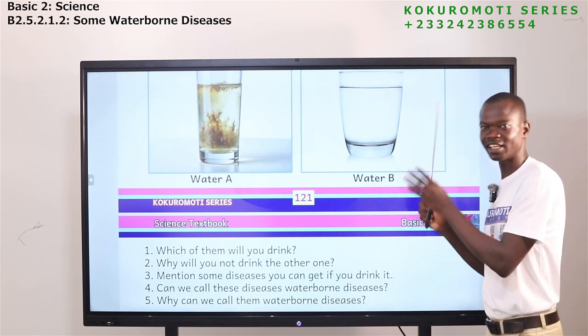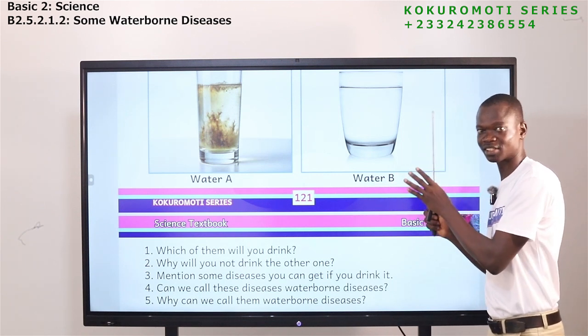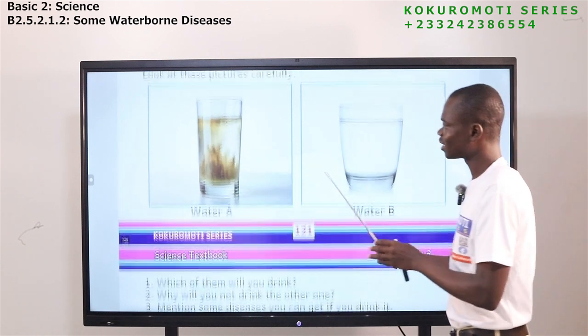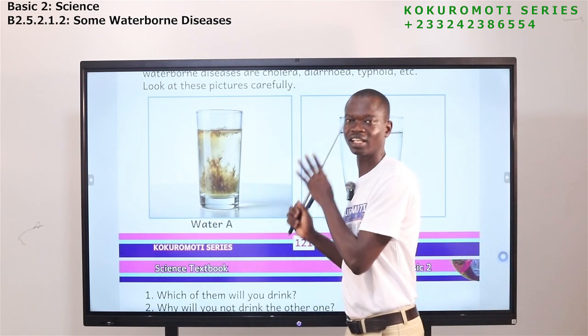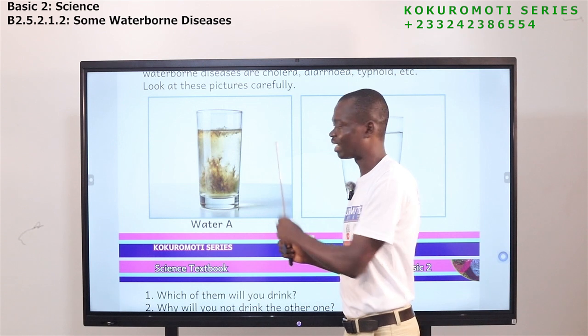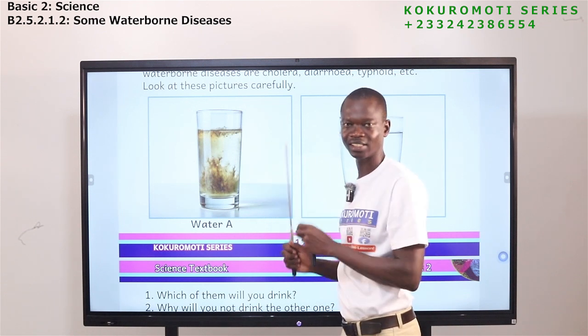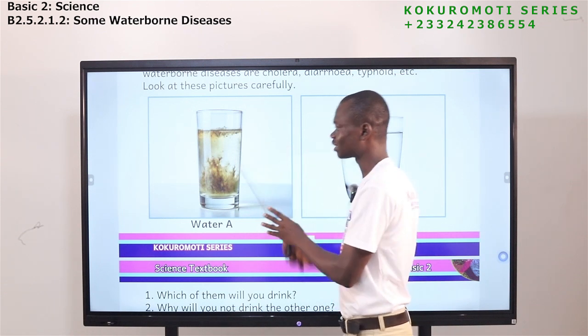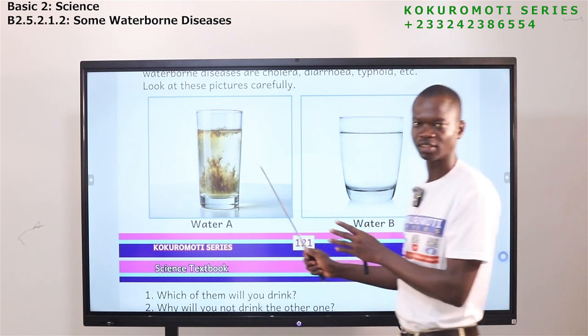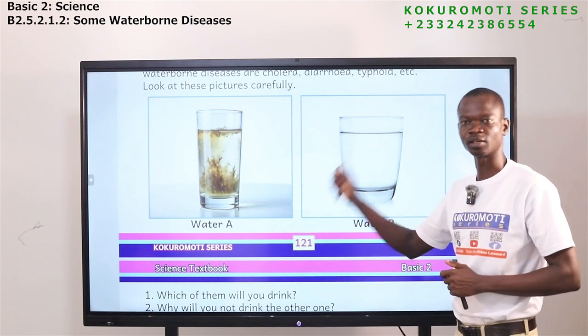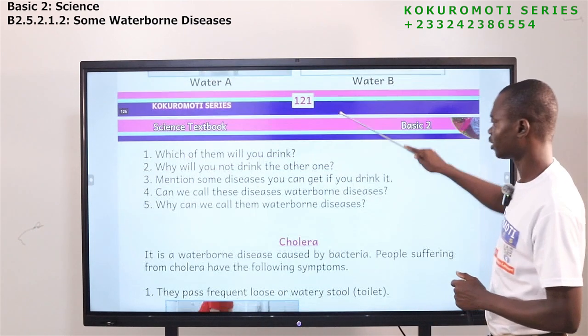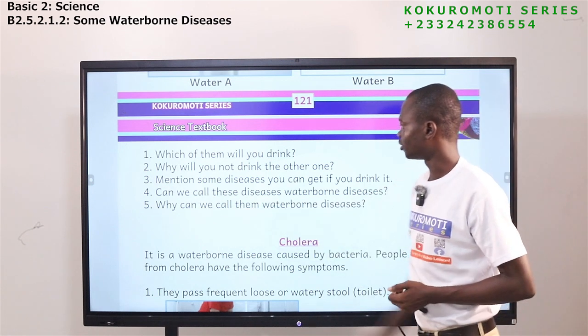It doesn't contain any solid particles or germs. But if you look at this one, it is not clean. It has color. And I can see some particles in it. So it tells me that this is polluted. I will not take this because it is what? Polluted. Okay. Number 3.